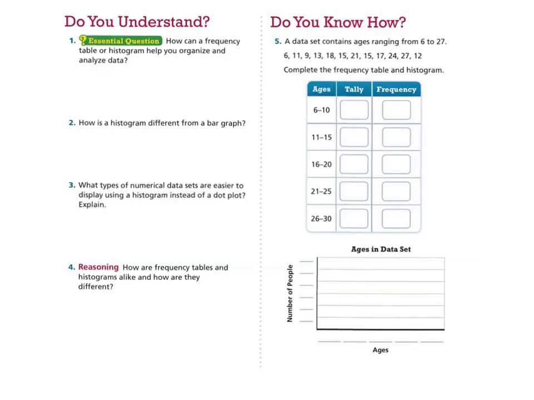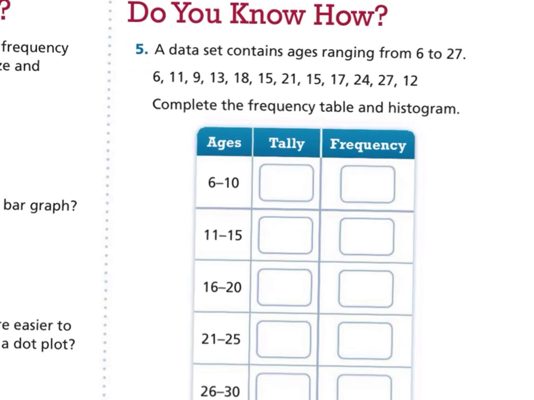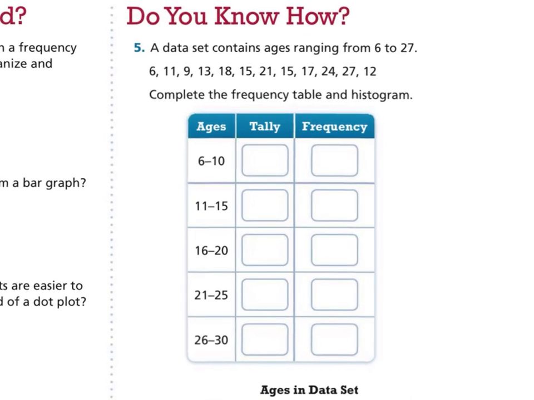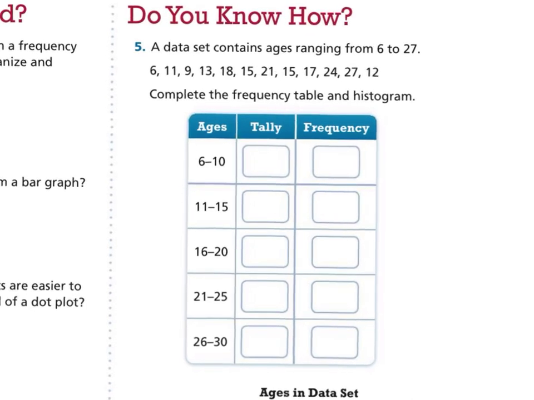So if we look at number 5, they have already started this frequency table for us. Eventually we will look at one where we're doing the frequency table from scratch, which is a little more realistic of what's going to happen, but this one is already set up for you. So it's up to you what you want to do.